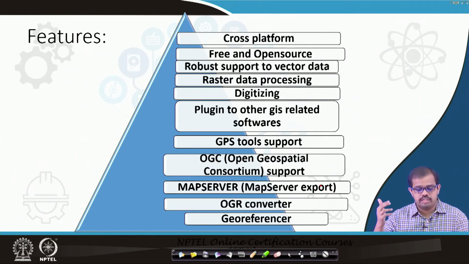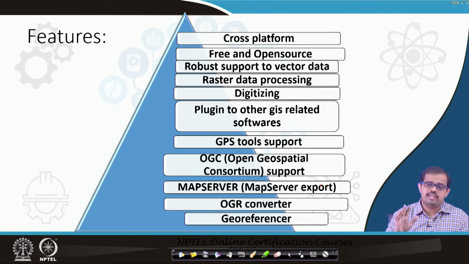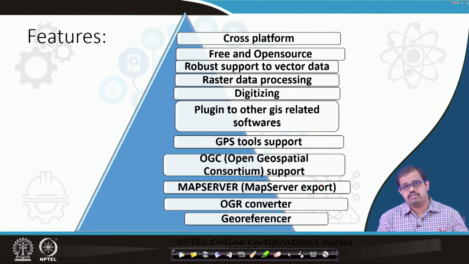Then you have OGC, that is Open Geospatial Consortium support, which again is extremely good, which is actually the basic part of any of these open source software. And if someone is looking at today's context, most of the development is through a web service, whether it's a map or a feature.